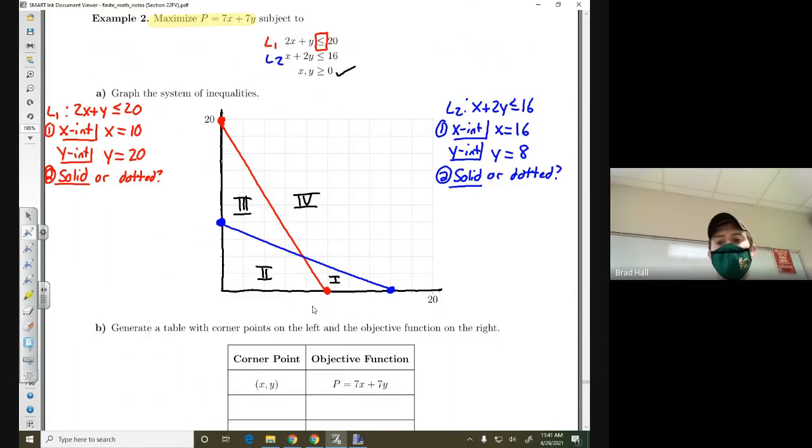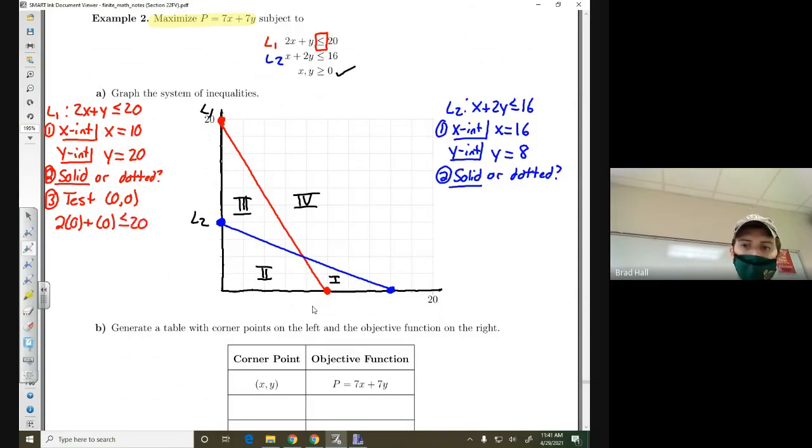On your paper, I definitely recommend putting an L1 next to the first line you drew, which on my paper was red, and L2 next to the second line. Because if you don't have colors, it might be a challenge to remember which one is which. So let's look at the first line. We're going to test 0, 0, which means plugging in 0 for X and 0 for Y in the corresponding inequality.